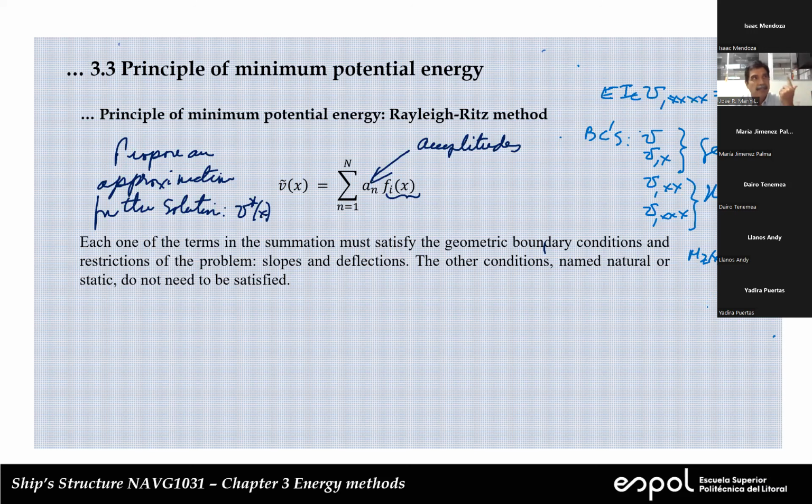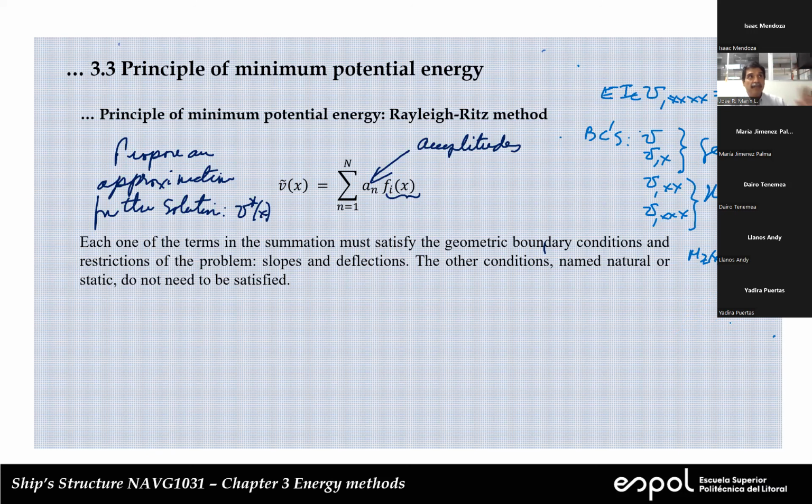And the inertia is never 0 because that's the integral of y squared, so every time you square it, you get a positive value. If you have a section, you have inertia. If you have a material, you have Young's modulus. So EI sub C is always different than 0.